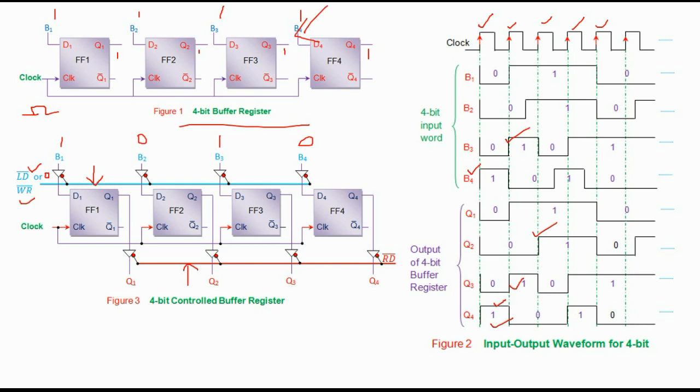Say for example LD equal to 1, then LD bar is 0. So when this control line is low, what happens? The data is loaded to D1, D2, D3 and D4.